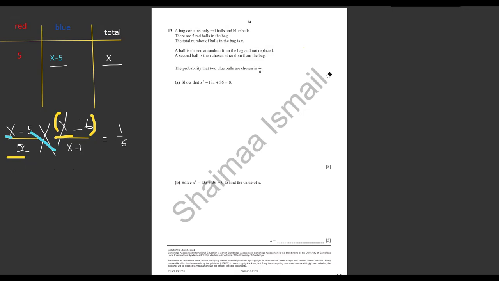So here, top with top, bottom with bottom, no zip zap zip. We just multiply the numerator with the numerator, and the denominator with the denominator, okay?